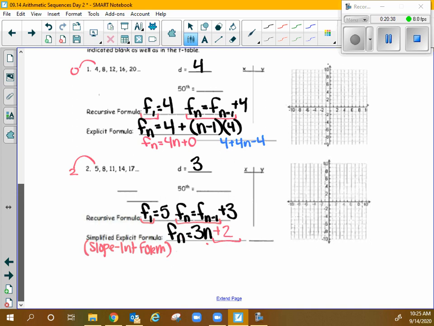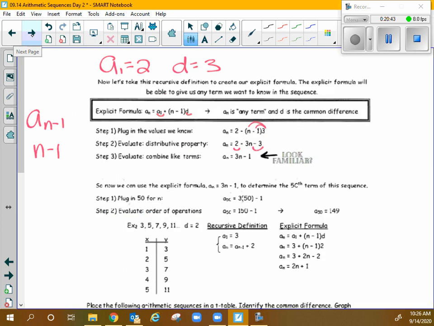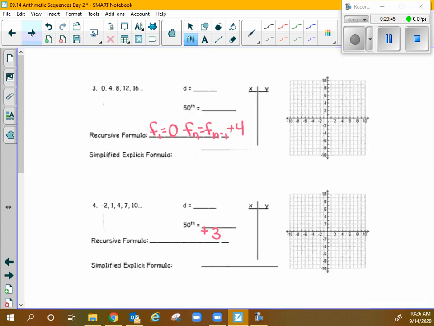No. Okay, let's do another one together. Which type of explicit is it asking us for? Simplified explicit. So it wants slope-intercept form, the easier one.